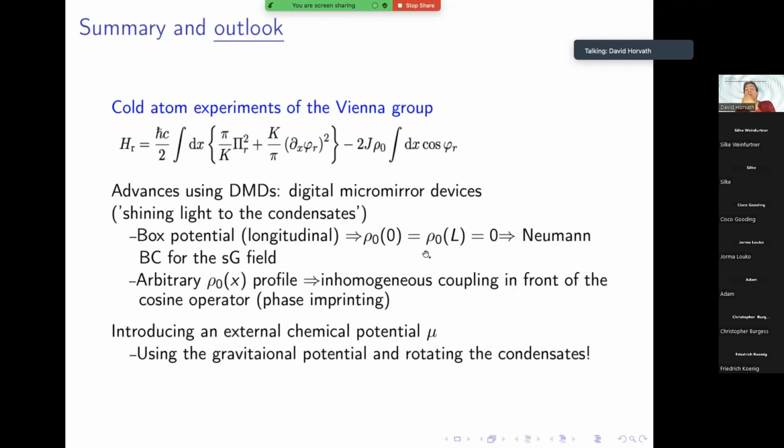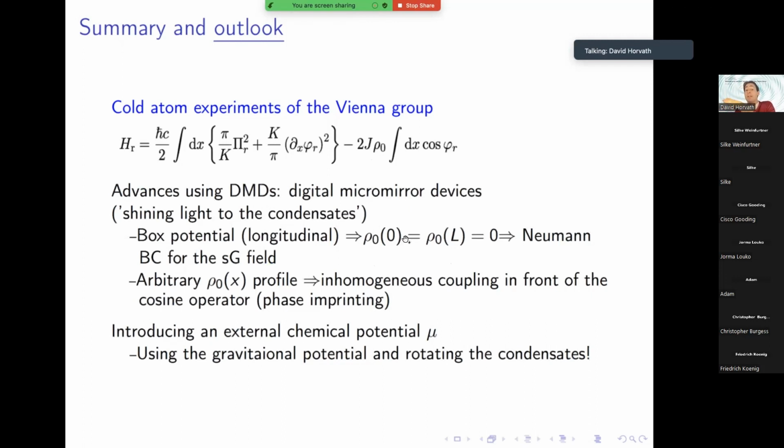They can manipulate the density, the total density of the condensates, in a very accurate way. In particular, they can make sure that this density is constant and drops to 0 at the ends of the system, which corresponds to a box potential.